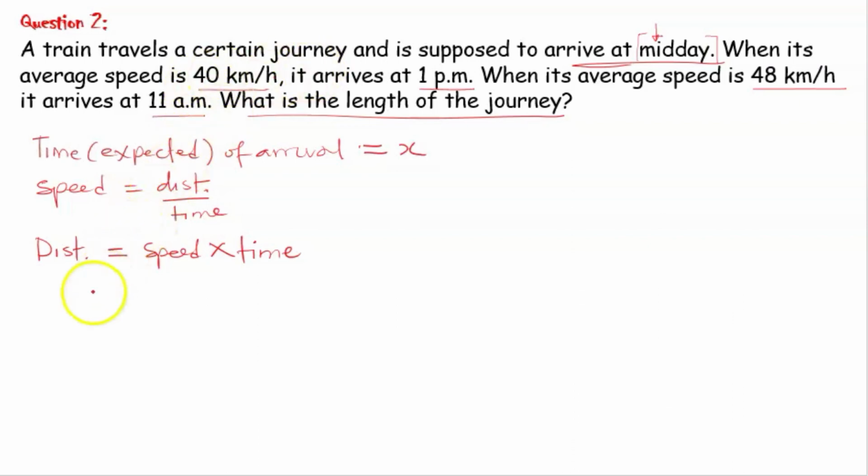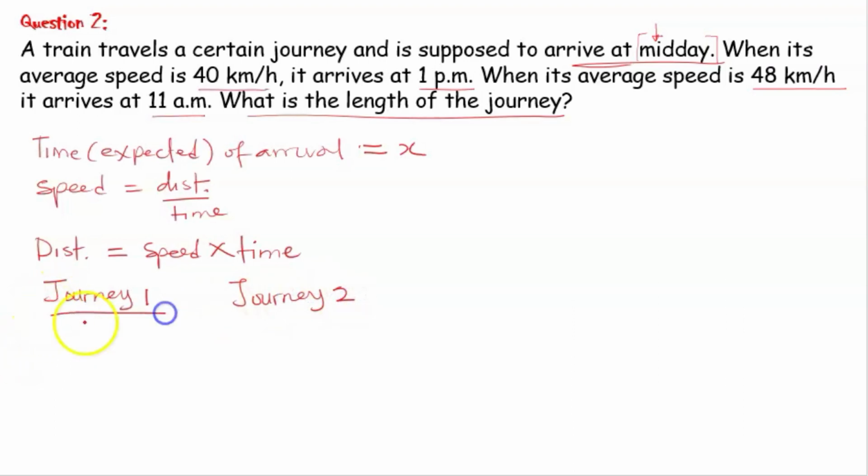All right. So what am I going to do? I'm going to try and find time for each case. So we have two separate journeys with different speeds. Let's say this is journey 1 and I have journey 2. So let's list out the parameters that are there.